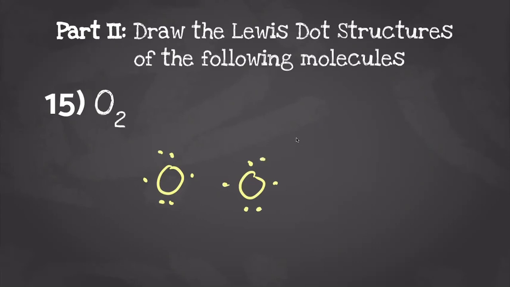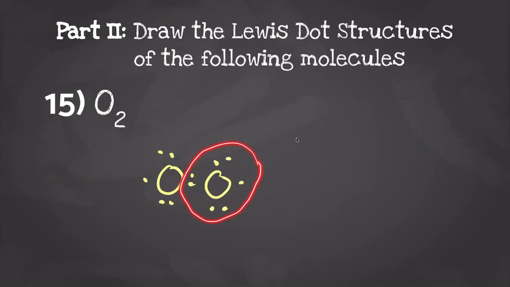And just looking at it, it might seem a little hard how each one of these is going to form an octet. If I move one oxygen over, seeing how many valence electrons it has, in total it only has 7. The other one also has 7.